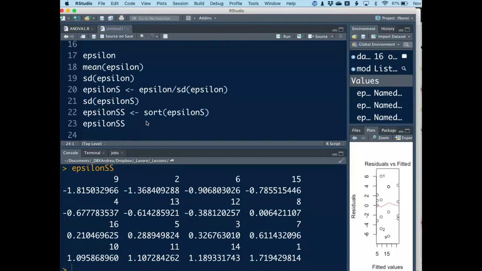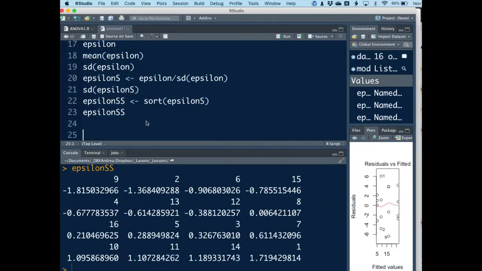I can try to get 16 residuals from a real standardized Gaussian distribution. And I can do this by using an R function. I will not tell you much, but the function is this one.